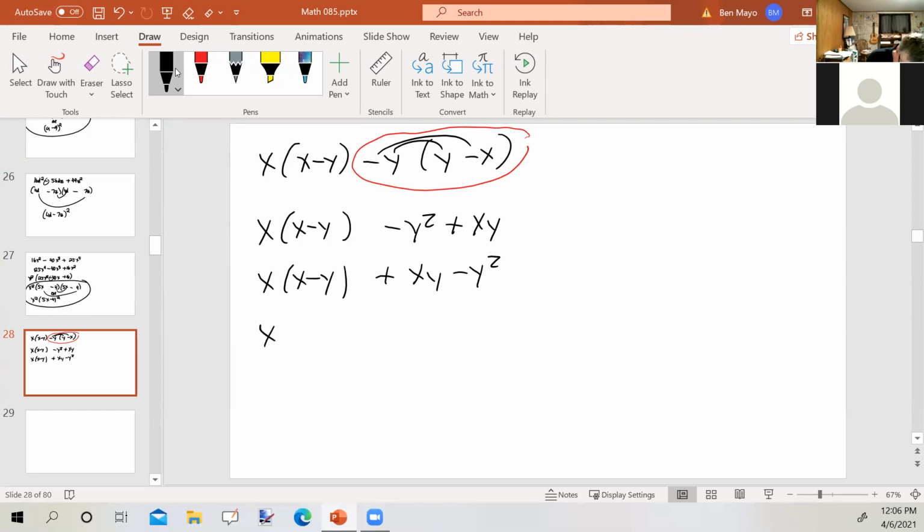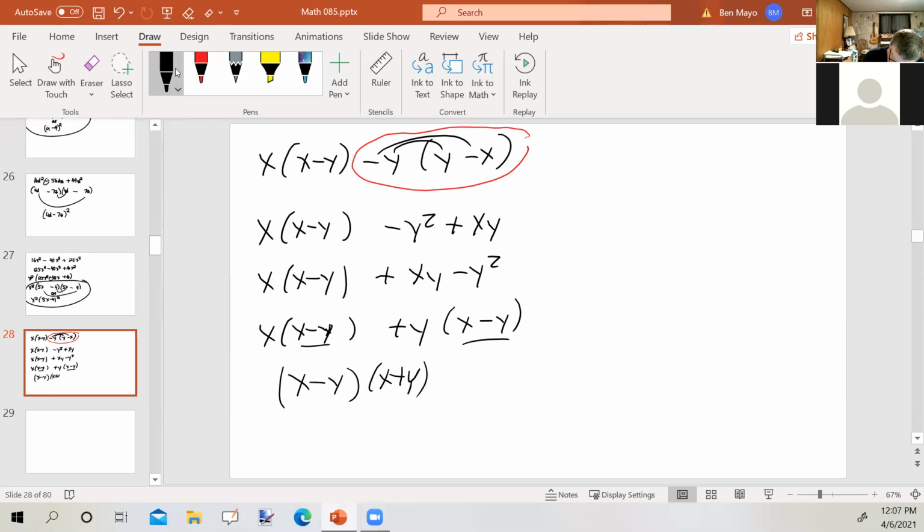Okay. Now, could I get it to look like that? What would I have to take out? Plus y. So basically what I ended up doing was moving things around to where I got things to match. So now I've got xy coming out of both, x plus y. Okay.